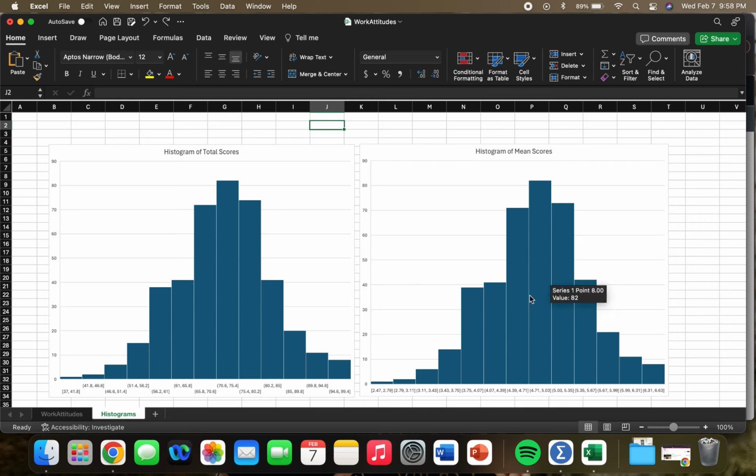So we can see here pretty similar, just a couple of shifts slightly up and down based off of some of these columns. Like this mean one in the middle is a little bit higher, with these two next to it a little bit lower. But either way, we can see that the data was normally distributed, which is pretty good. And yeah, that's pretty much it for the Excel piece.